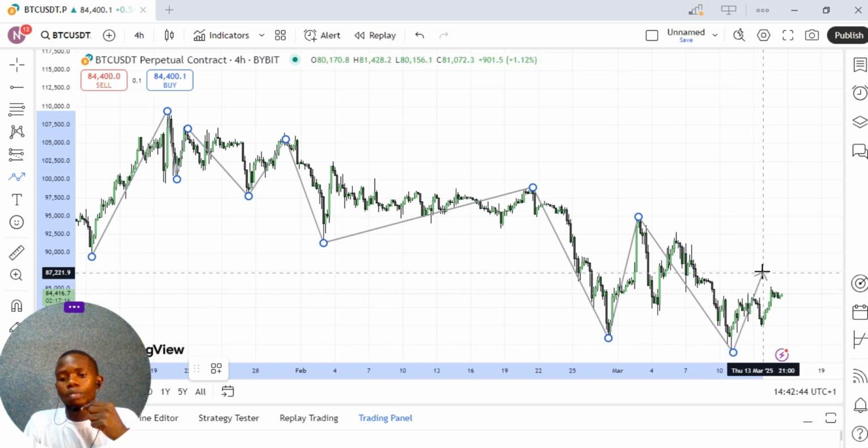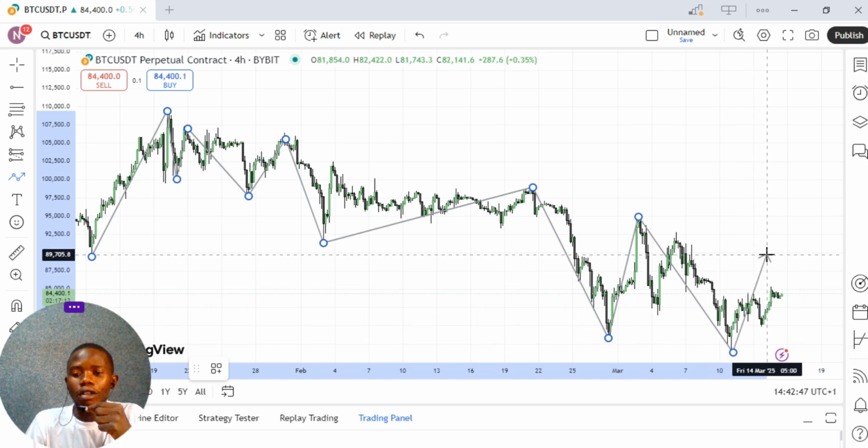Then what we expect here of BTC is to create a lower high.